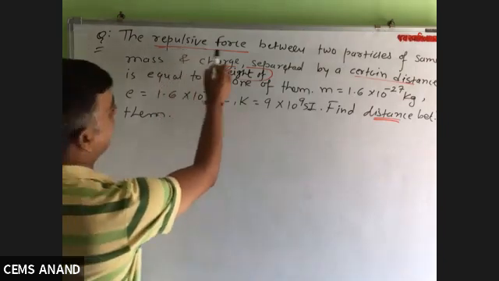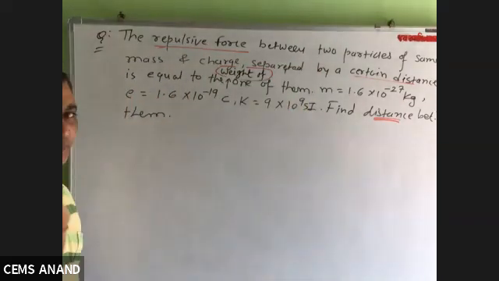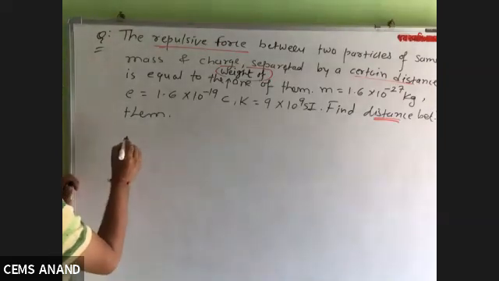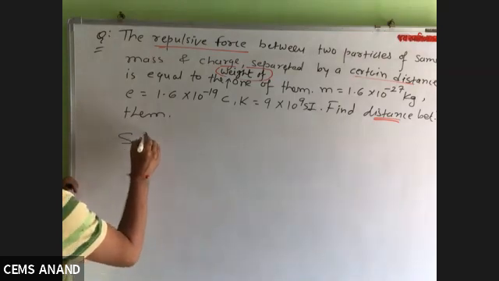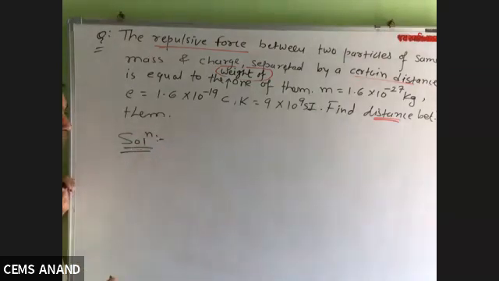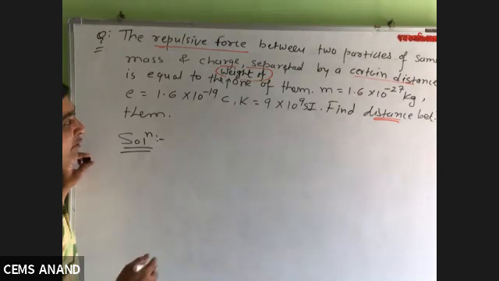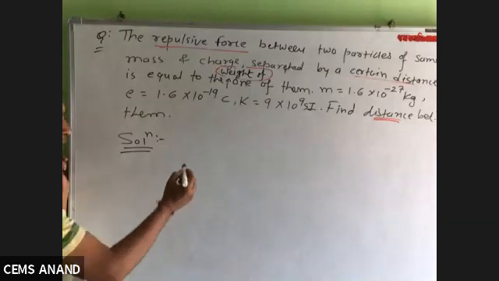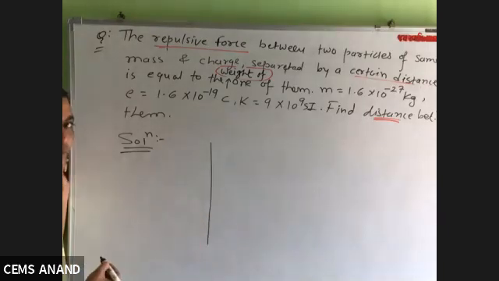Here, the repulsive force between them must be of electrical type, right? So, it is my advice to you that whenever you attempt any numerical question, try to collect all the given data in separate form.